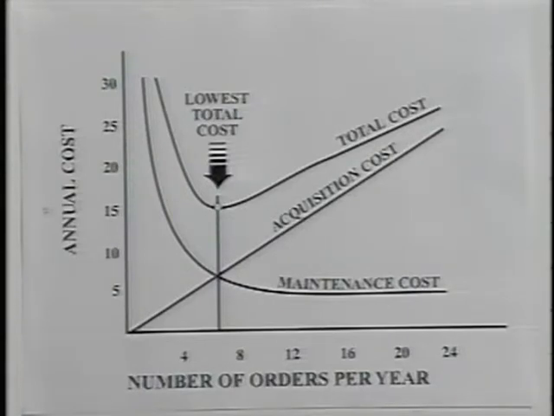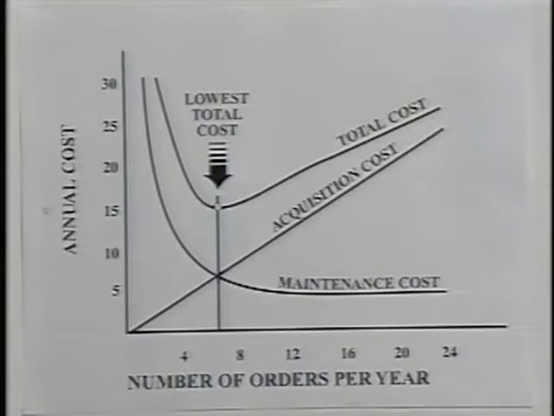Now, the development of the EOQ formula is as follows. The acquisition cost, that straight line, has an equation. The unknown in the equation is order quantity. The maintenance cost, that geometric curve, likewise has an equation, but the unknown is order quantity.